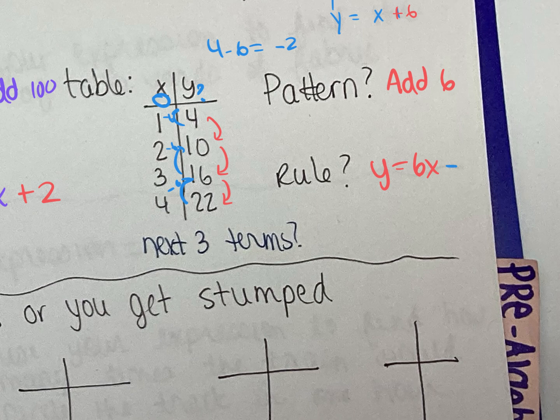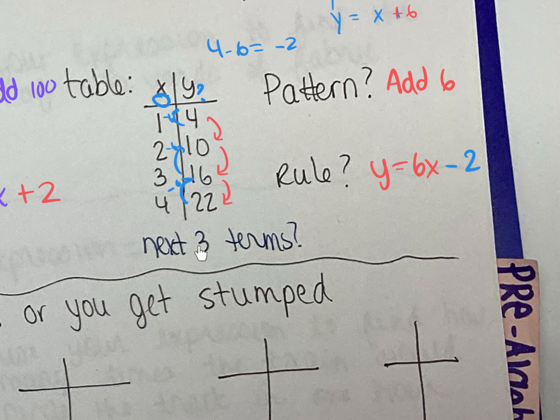Negative 2 now goes in the back. They've all been positive numbers up to this point, but now this is our first negative number. The number that matches 0 is a negative, so I'm going to write subtract 2.